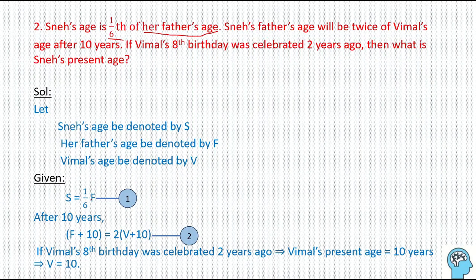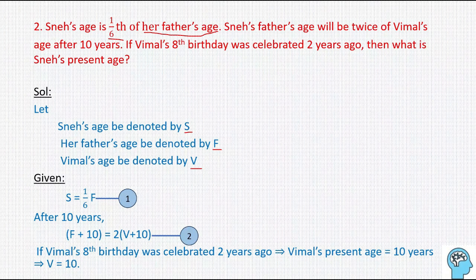Immediately you can write the equation as S is equal to 1/6 of F. Here I took Sneha's age to be denoted by S, her father's age to be denoted by F, and one more age, that is Vimal's age, is denoted by V.